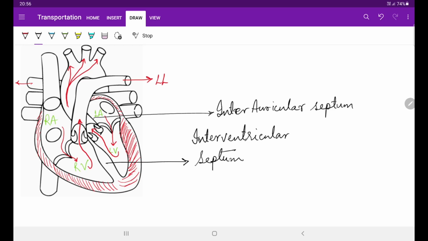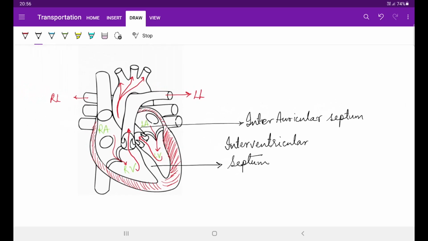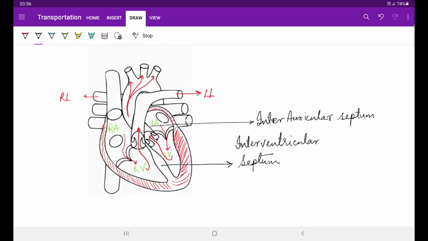The separation concept is highly essential for the human heart. It separates the oxygen rich blood from the carbon dioxide rich blood, and about that we will understand when we talk about the physiology of the human heart and the circulation of blood in our body.